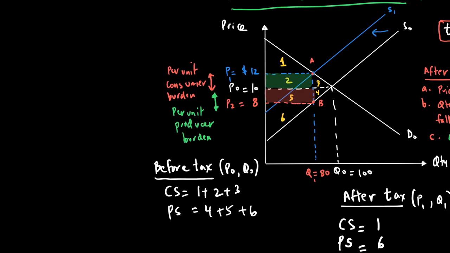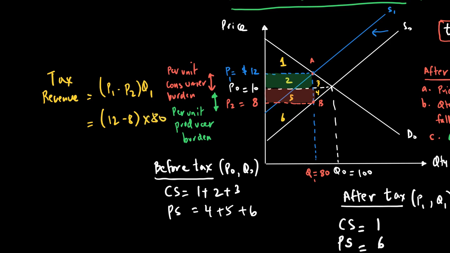Sometimes they ask you how much the consumer is paying, or how much the producer is paying, or what the total tax liability is. So the total tax liability you can find out as well. The total tax revenue for the government will be P1 minus P2, as we said, times Q1, which is 12 minus 8, the vertical distance, which is $4 of tax, times 80, or 4 times 80, which is 320.